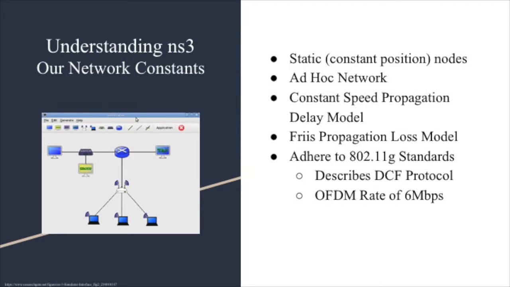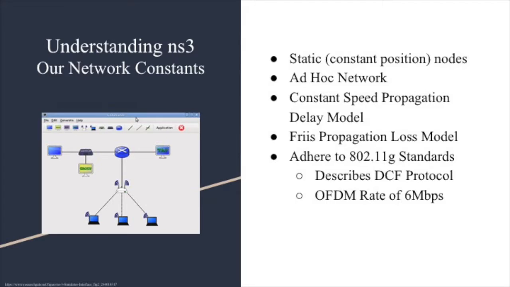So now that Ross has provided a relatively detailed overview of our protocol augmentations, it's important to discuss the high-level network constants that we set so that we could run our experiments on top of. As stated previously, at the core of our assumptions, we are assuming that these nodes are static, as in their position is constant.